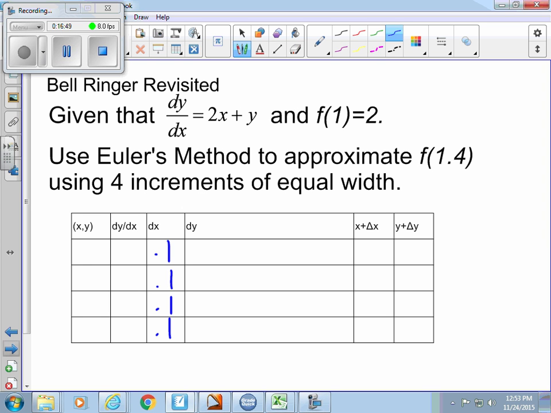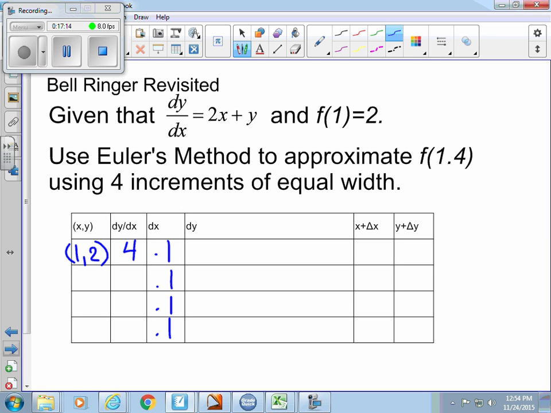X is currently 1, y is currently 2. dy/dx is the derivative at that point. What is the derivative at the point (1, 2)? 4. So the change in y is dy/dx times dx.